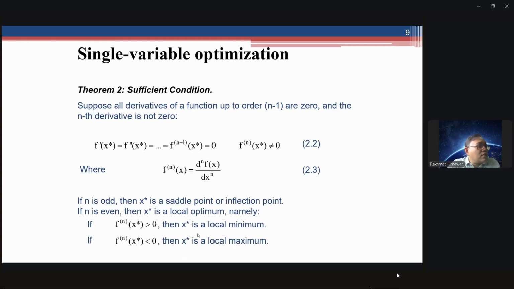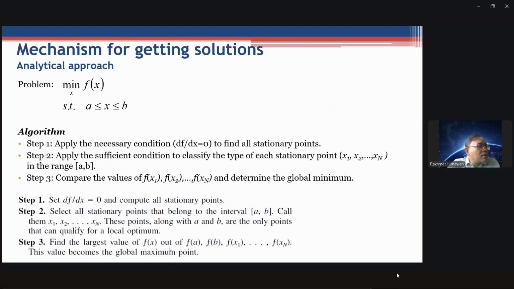I think this is the explanation for maximization. This is for minimization, because this is global maximum and this is global minimum. So to find the global maximum, this value has to be the largest value of f(x). If it's the lowest value of f(x), it means the global minimum. Okay.